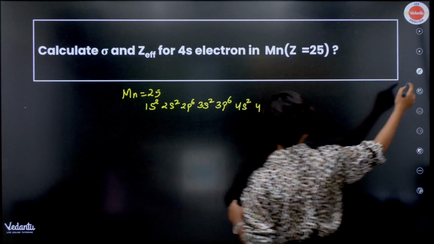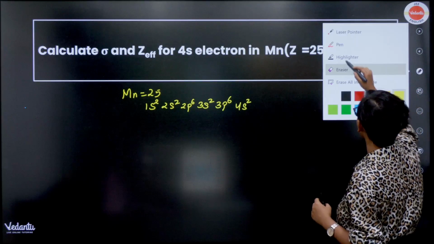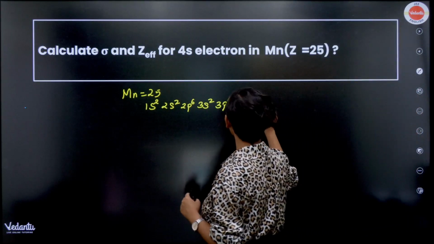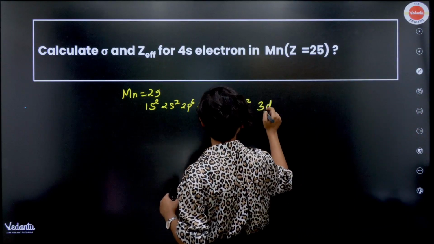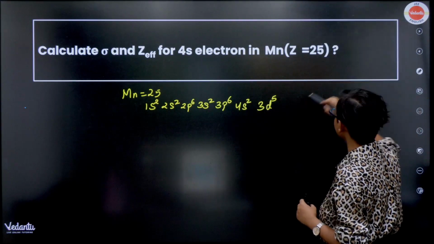Then let's write 3d5. Actually, you know what? Let's write it like this, not like this.